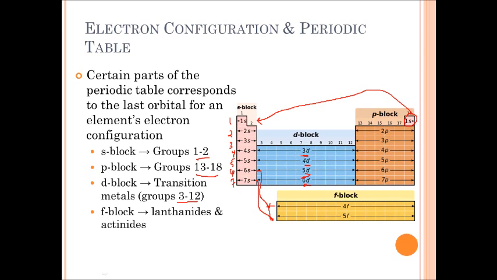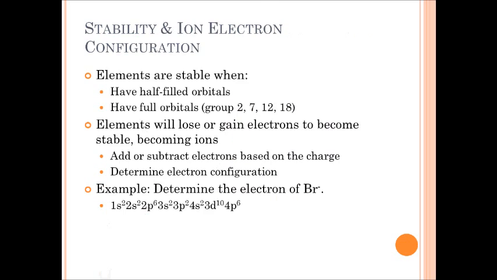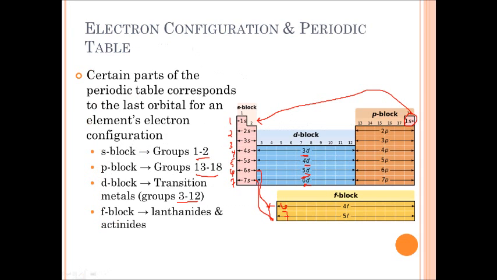So this is row 6, this is row 7. So the f block is actually 2 less than the row number. And the important thing is that you can actually use the periodic table and count through each box as an electron and figure out the electron configuration that way.